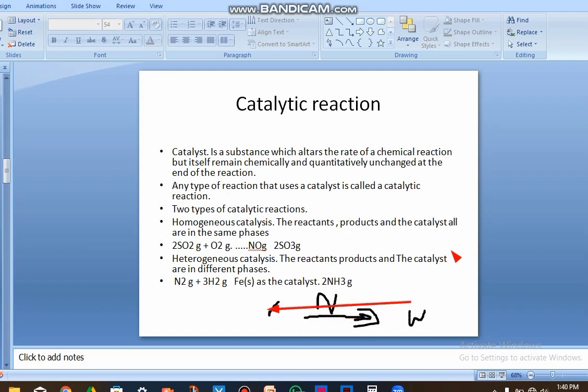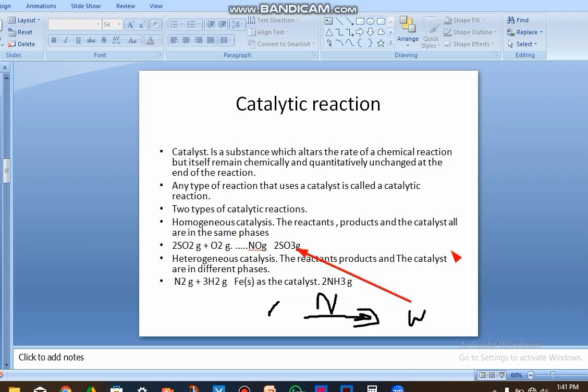If the reactants are in solid form, then both the catalyst and the product must be in solid form. If the reactants are in gaseous form, all the rest must be in gaseous form, because they will signify them by writing them at the downside.